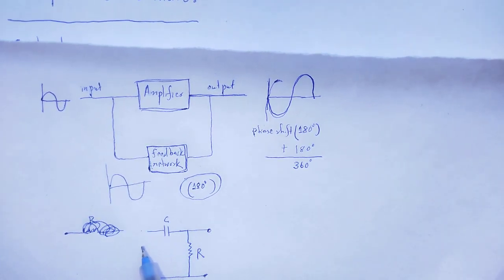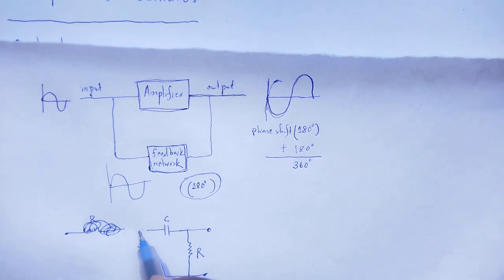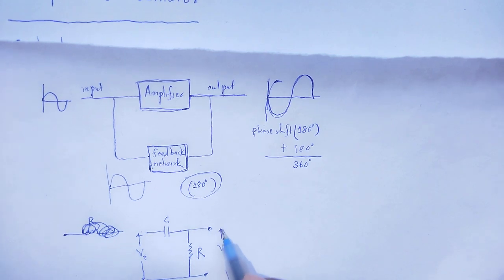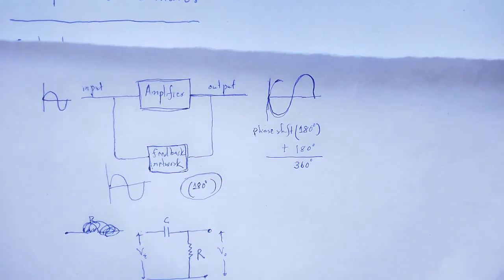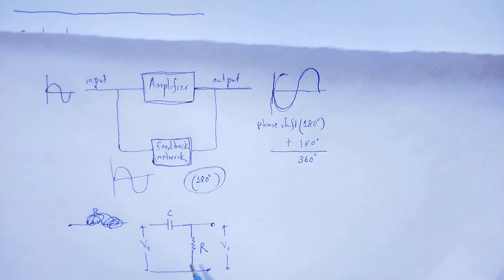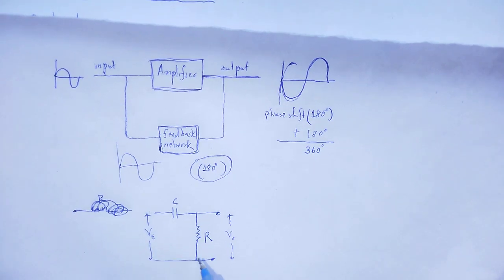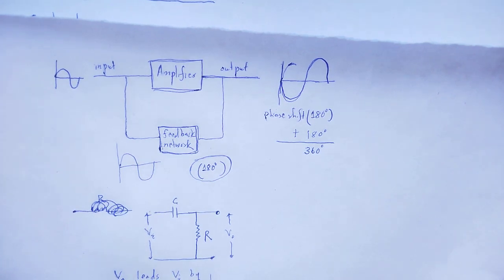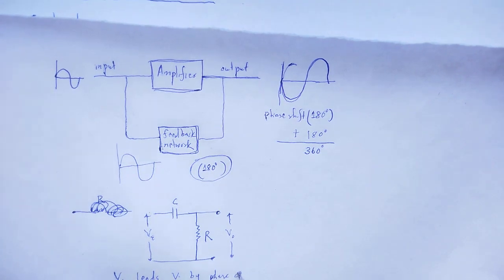Let the input voltage be Vi and the output voltage be Vo. As we know, the output voltage Vo leads the input voltage Vi by a phase of φ.